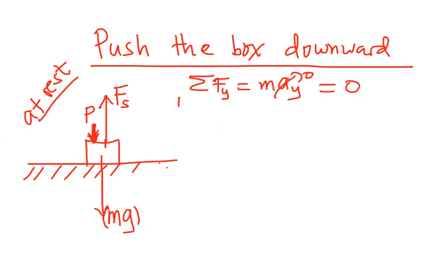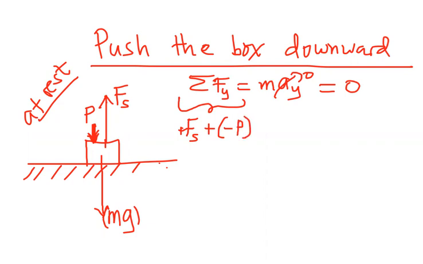Then I can rewrite this considering all the variables I have in this problem. I have Fs acting upward, so I'll write it like Fs. There's a plus here, but I don't put it. And then I have minus P, so the pushing force is acting downward, so I'll put minus P here.